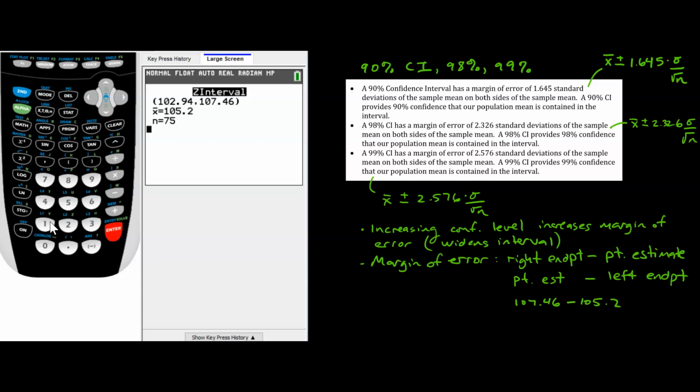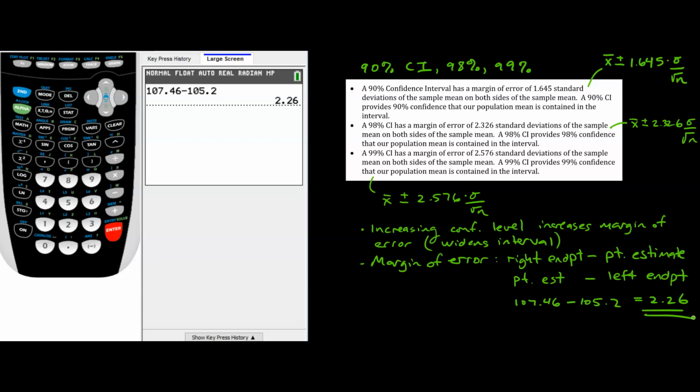And so we can put this into the calculator, 107.46 minus 105.2, and we get an answer of 2.26. So please compute margins of error using your calculator. And just about everything in this module and moving forward, we're going to be able to do in the calculator.